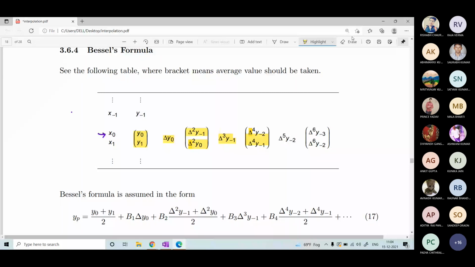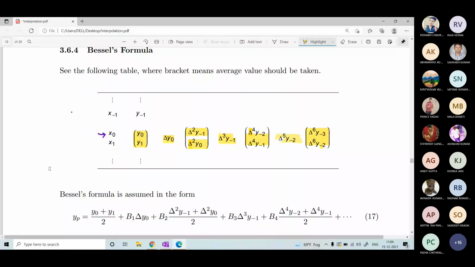So all the highlighted elements are used in Bessel's formula. How? The formula is initially written as y naught plus y1 by 2.